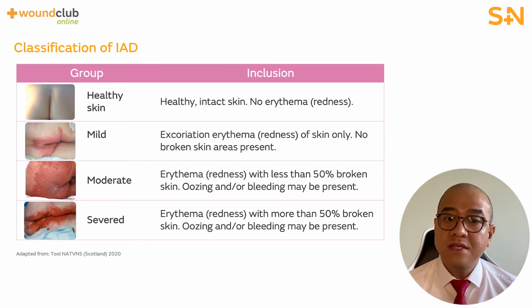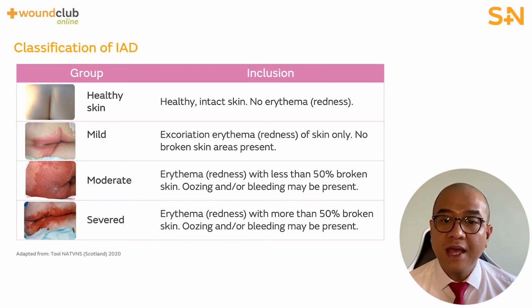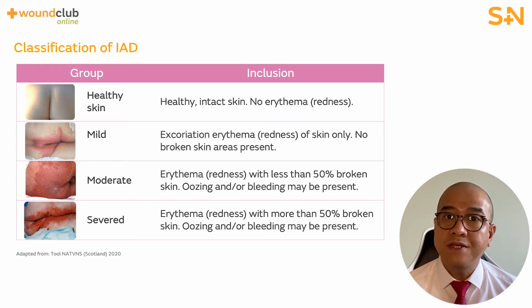It offers a simple categorization terminology regarding the extent of moisture damage using the terms mild, moderate, or severe, and these also include a healthy skin category. Each category offers a clear definition as to what constitutes that level of damage and skin type.